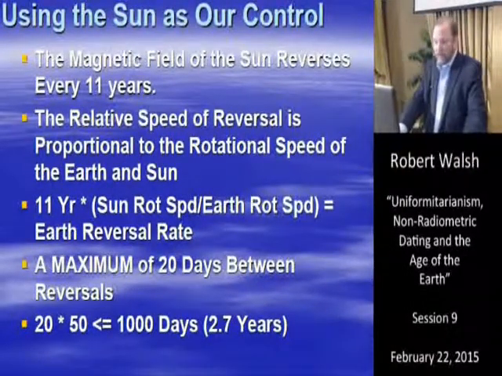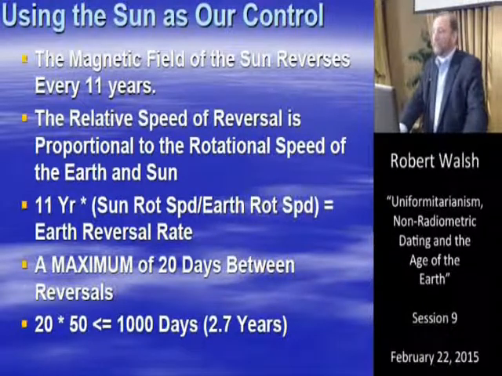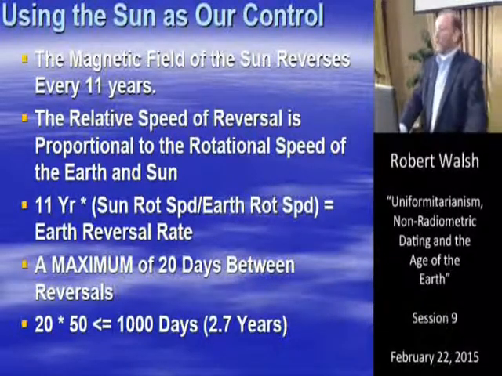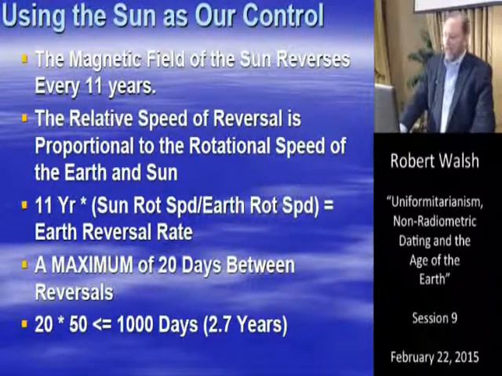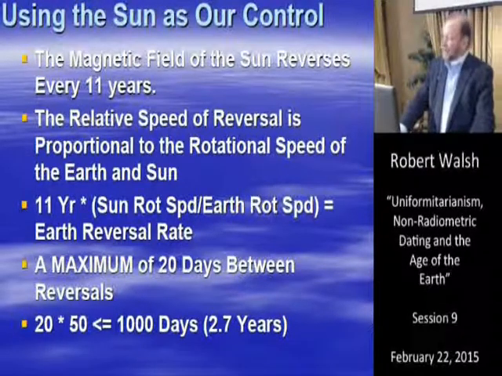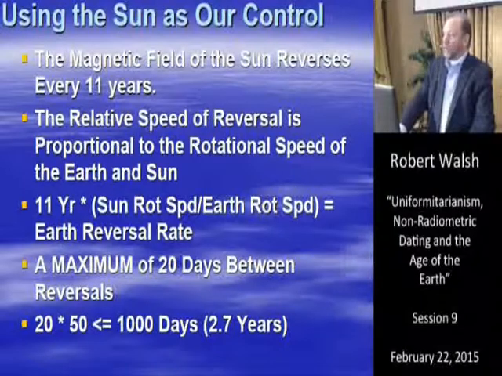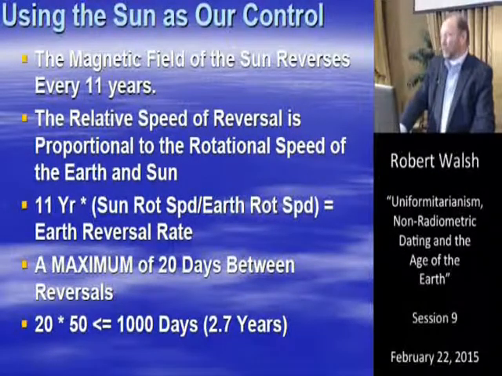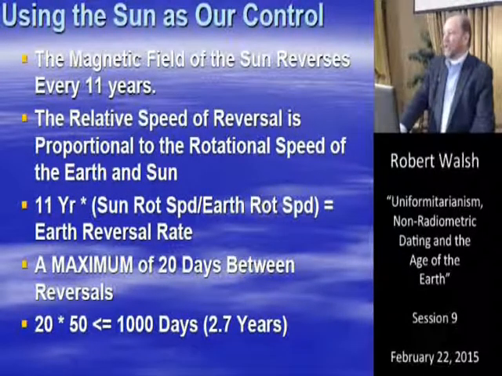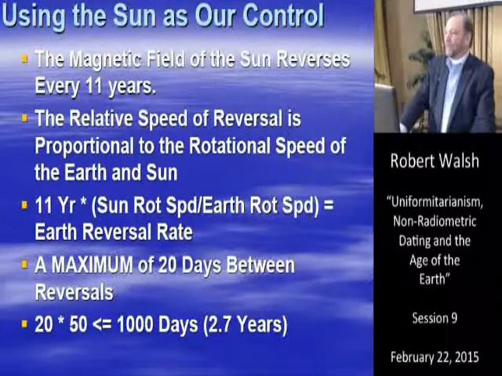Well, it turns out that the Earth could have, during the flood, reversed itself every 20 days. That means we need roughly 1,000 days to get the entire 50 reversals. So about 2.7 years we need for the magnetic field to reverse itself 50 times. That's not bad. That actually falls right in line with what one would expect.